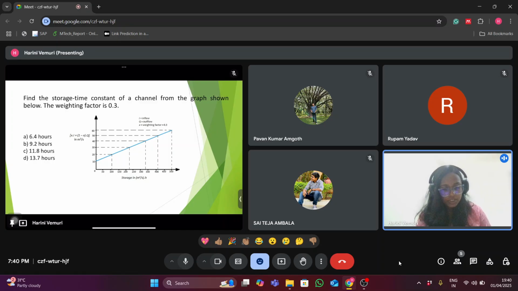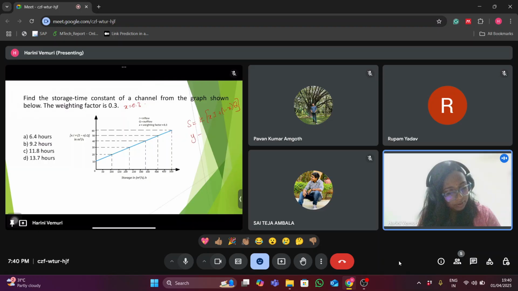So the next question is, find the storage time constant of the channel from the graph below. Here the weightage factor X is equal to 0.3, and they're giving us the graph between storage versus XI plus (1 minus X) Q. So S equal to K into [XI plus (1 minus X) Q] is our equation from the Muskingum method, right?